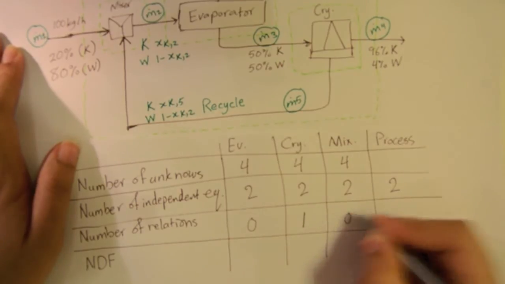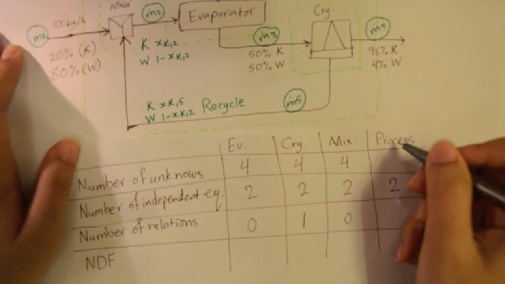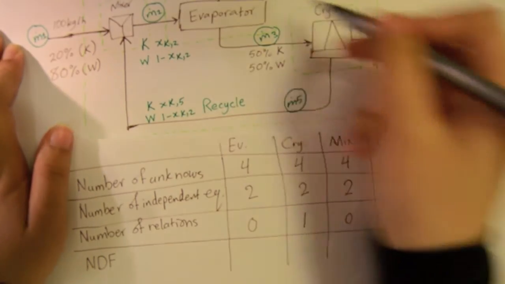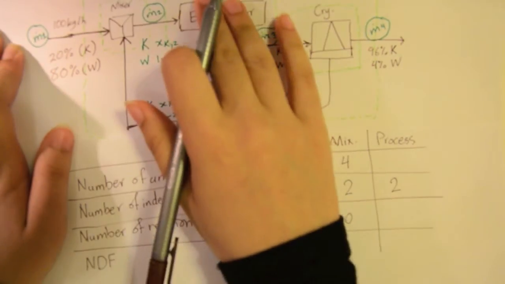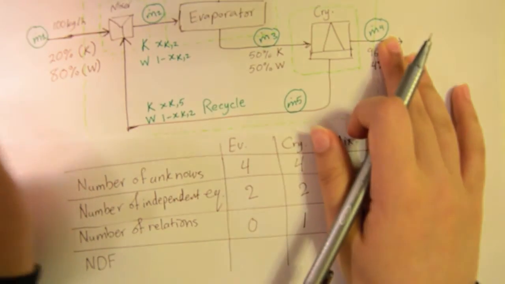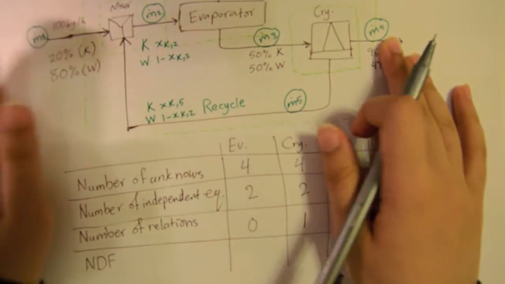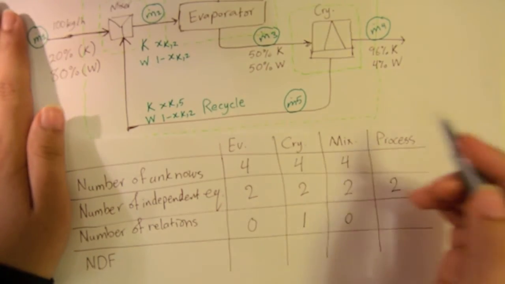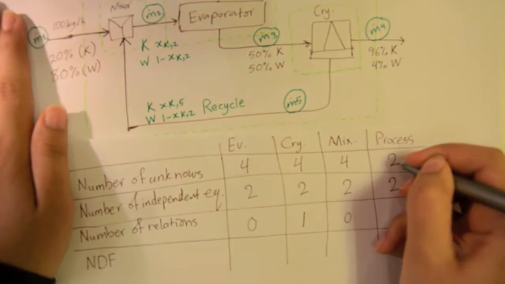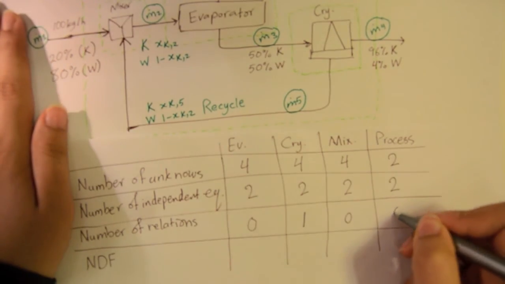And there is 0 relation here in the mixer. For the process, we have M4 and M6. They are the only unknowns in the process, because of course we know M1. So they are 2. The relations are 0.